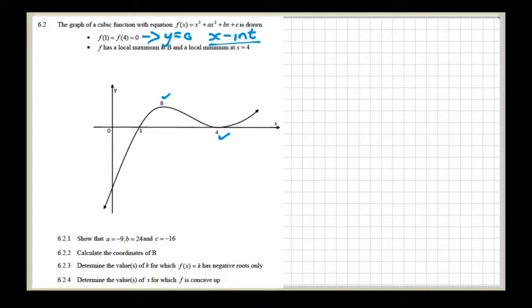Now, because they give me the x-intercept, before I actually get to the equation, let me just write down what was given. x cubed plus ax squared plus bx plus c.